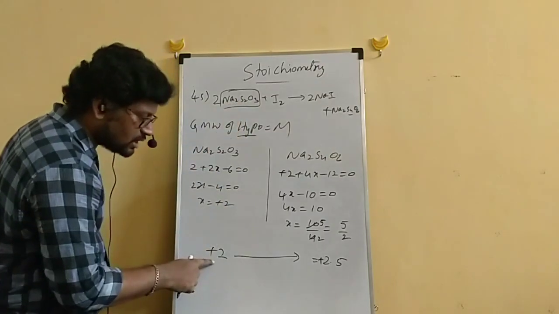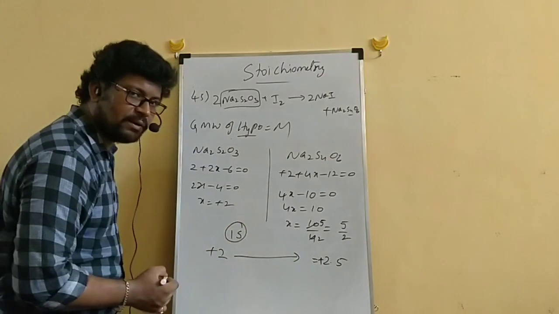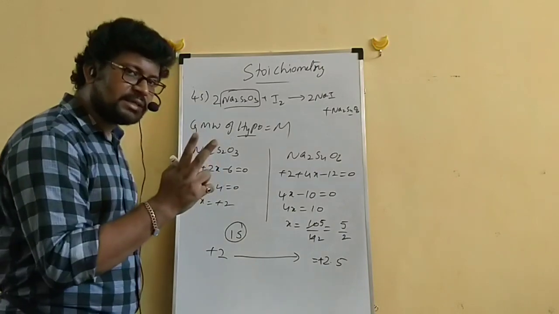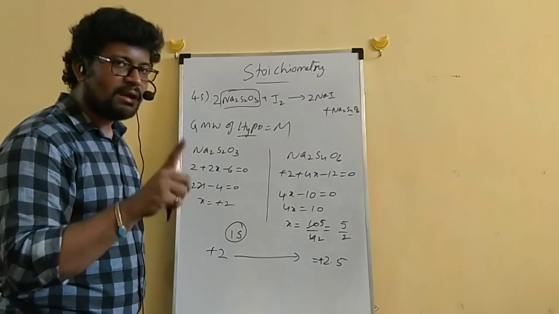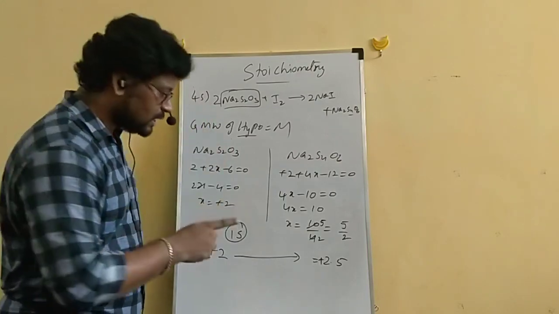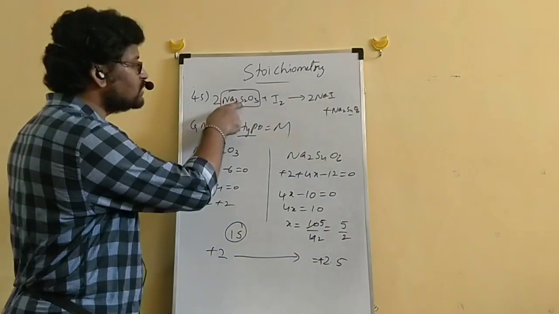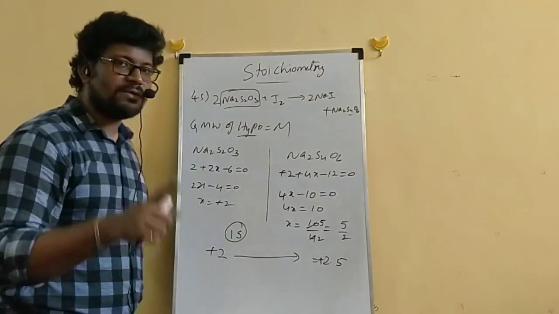So the change in oxidation number of 1 sulfur is 0.5. For 2 sulfur atoms it is 1. Na2S2O3 contains 2 sulfurs, so the change in oxidation number will be equal to 1.